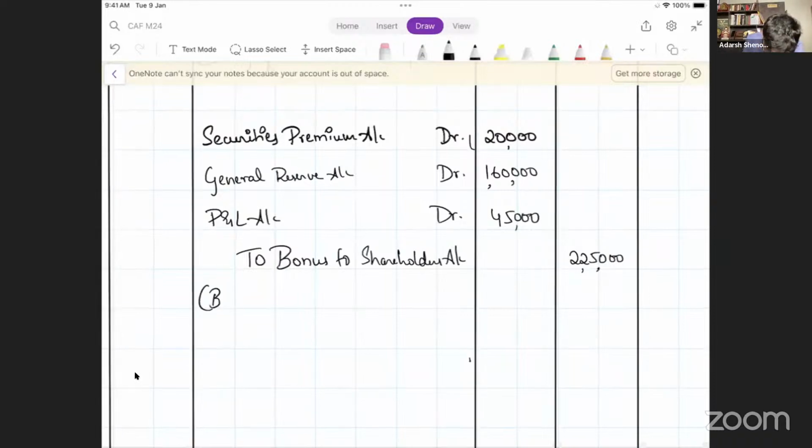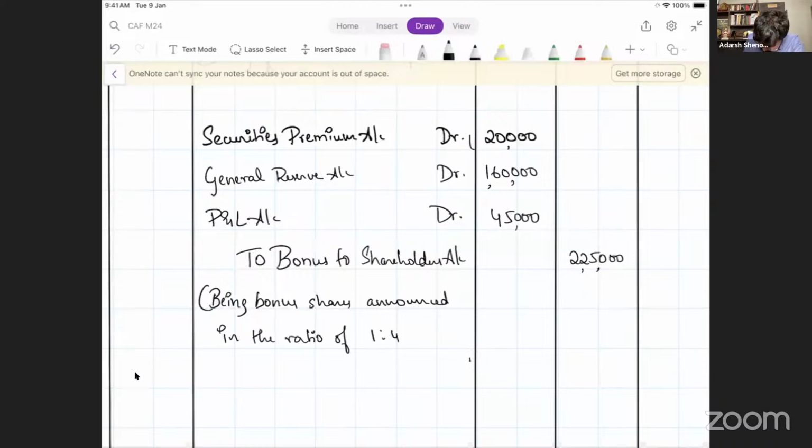Being bonus shares announced in the ratio of 1:4.